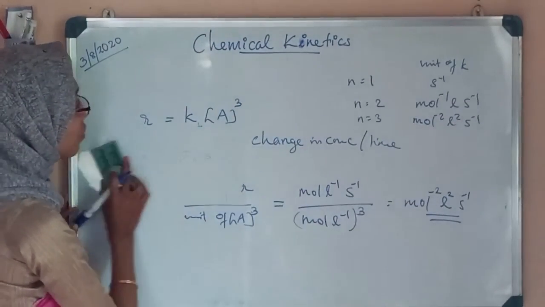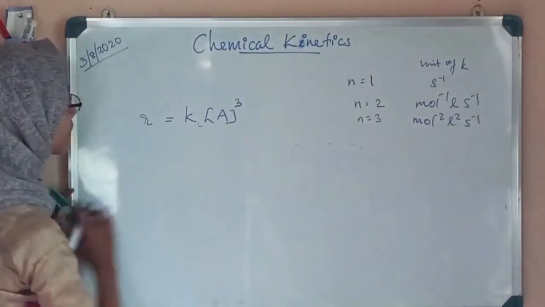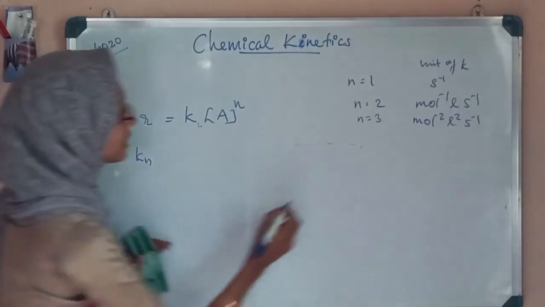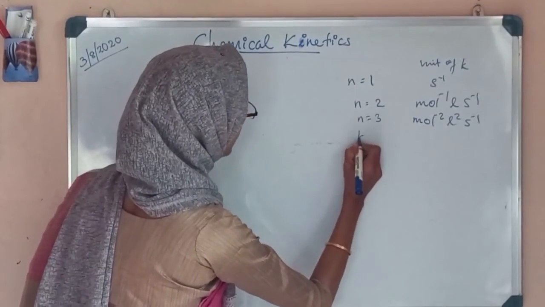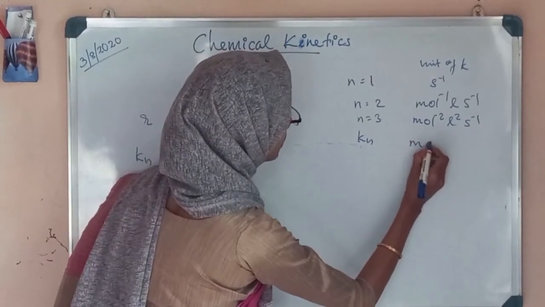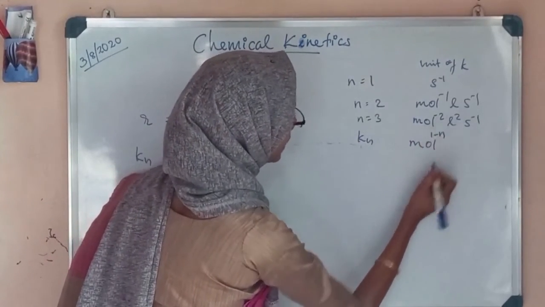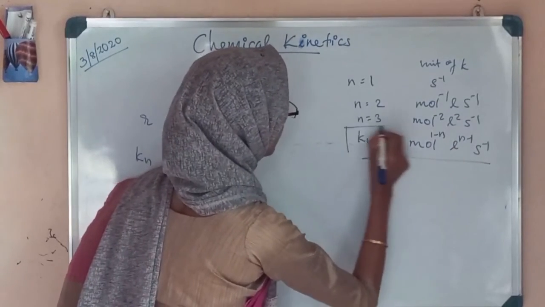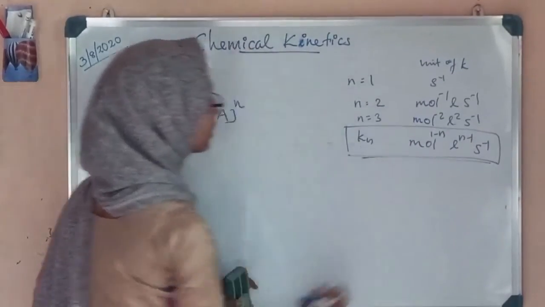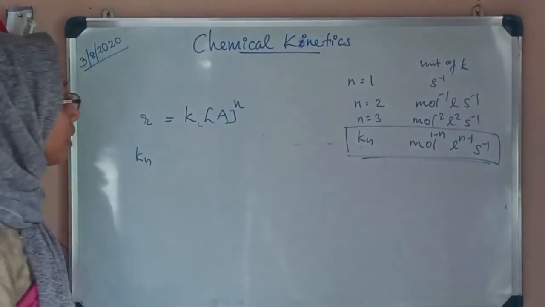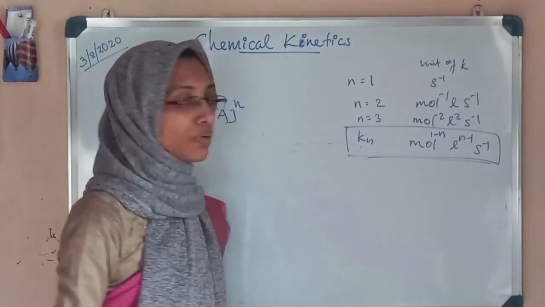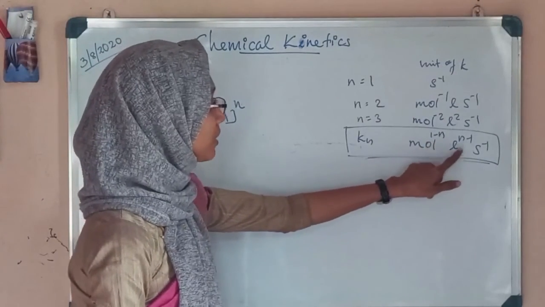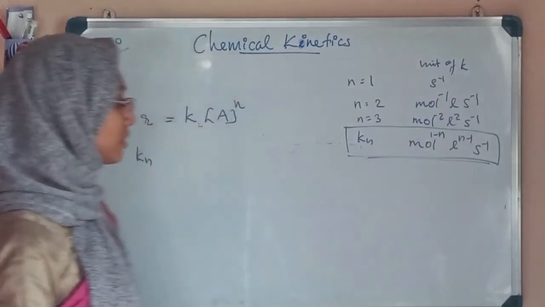Then in general, for an nth order reaction, the unit of kn is equal to mole^(1−n) liter^(n−1) second⁻¹. This is the general formula for determining the unit of rate constant of a reaction.